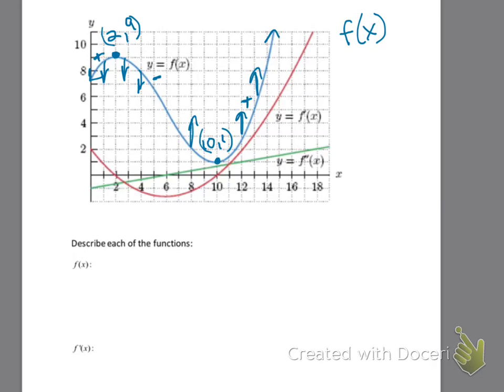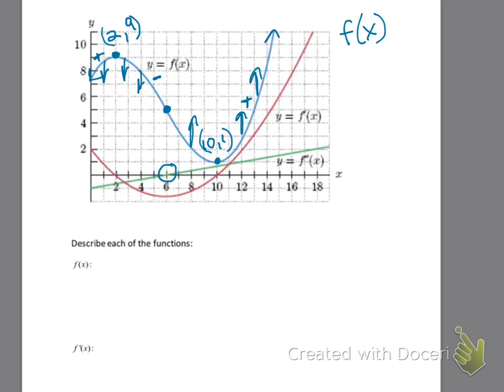Now, where is the inflection point? Well, I know that my second derivative is the one I want to look at, where that's 0. I'm going to see that it's 0 right here. I'm going to come up, and that's my inflection point.